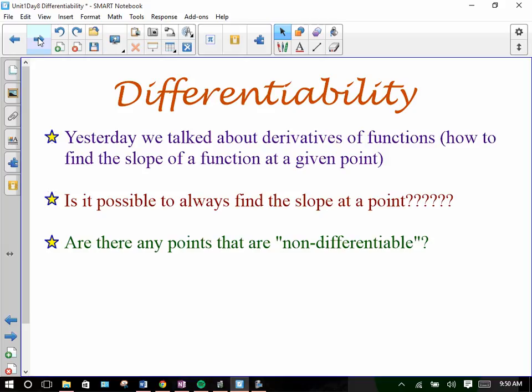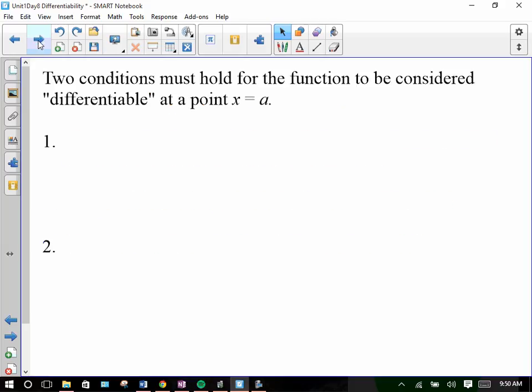When we cannot find the slope at a point, that means that the function is non-differentiable. So there are two conditions that must be true for the function to be considered differentiable at a point x equals a.